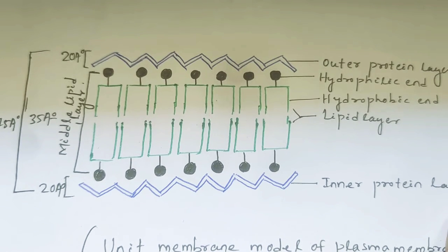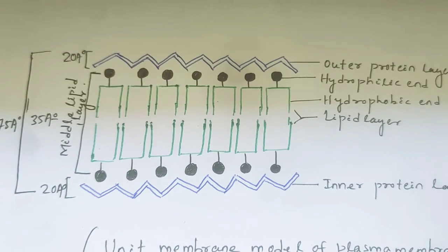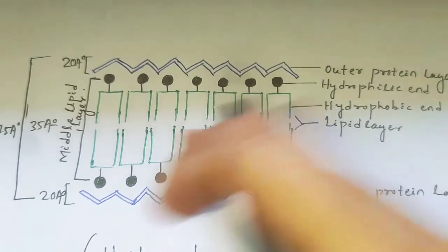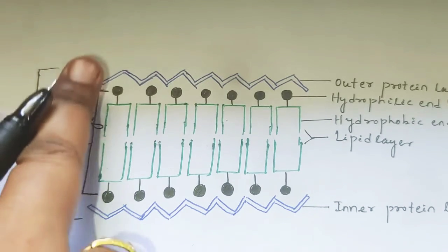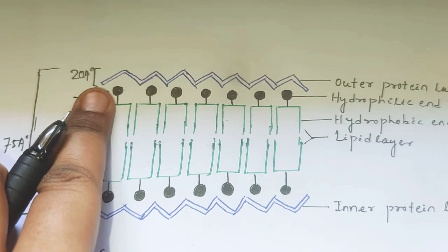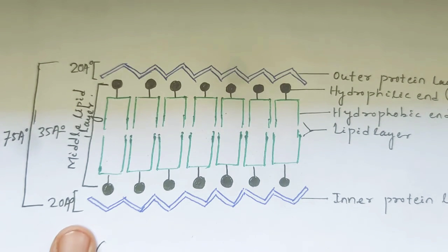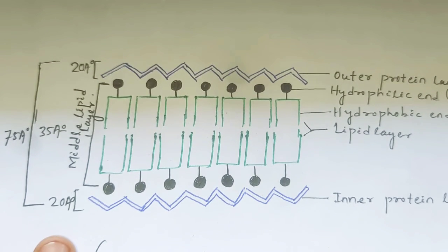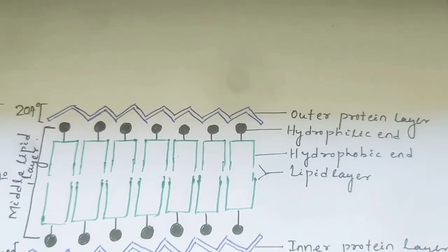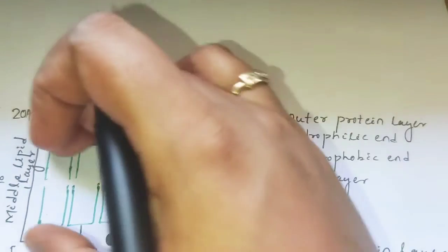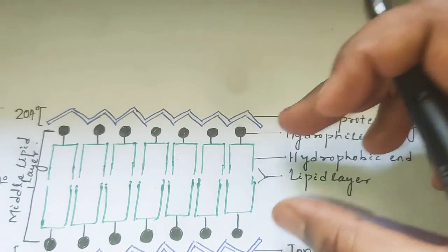Remember, they are mostly osmophilic in nature, about 20 angstrom each. The outer protein layer is 20 angstrom, and the inner layer is also 20 angstrom. Remember. In between the two protein layers, we can observe the lipid layer.